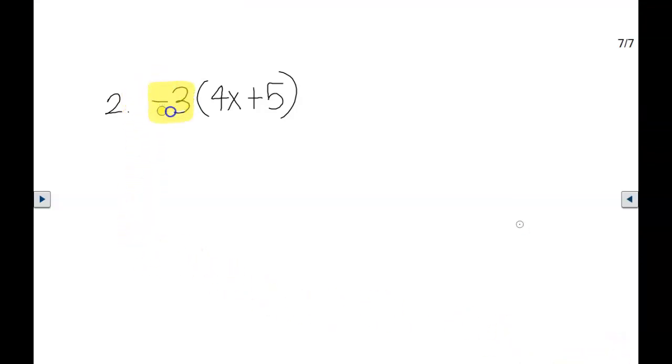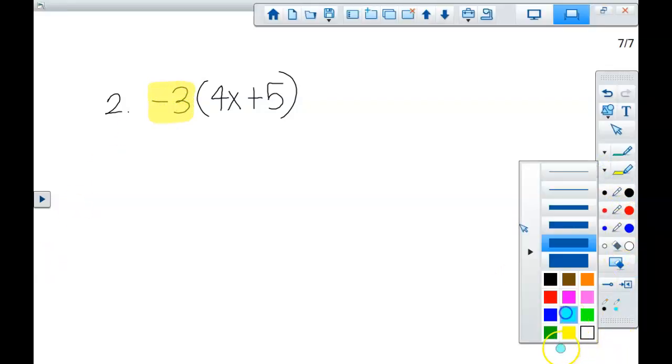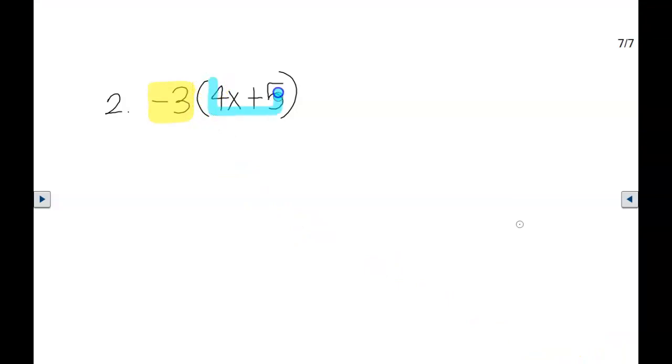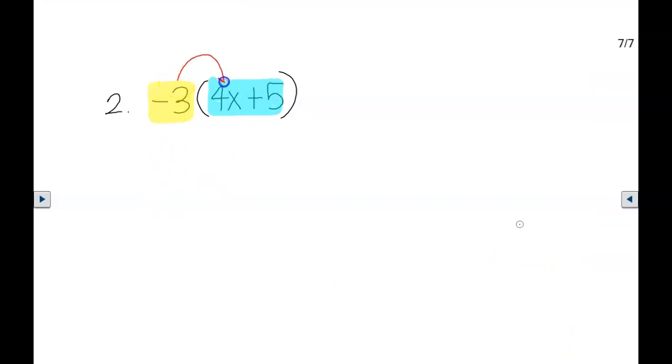Notice I'm being asked to multiply negative 3 times the group 4x plus 5. Now I'm going to simplify this using the distributive property, which means I am going to distribute that negative 3 to both members of my group.